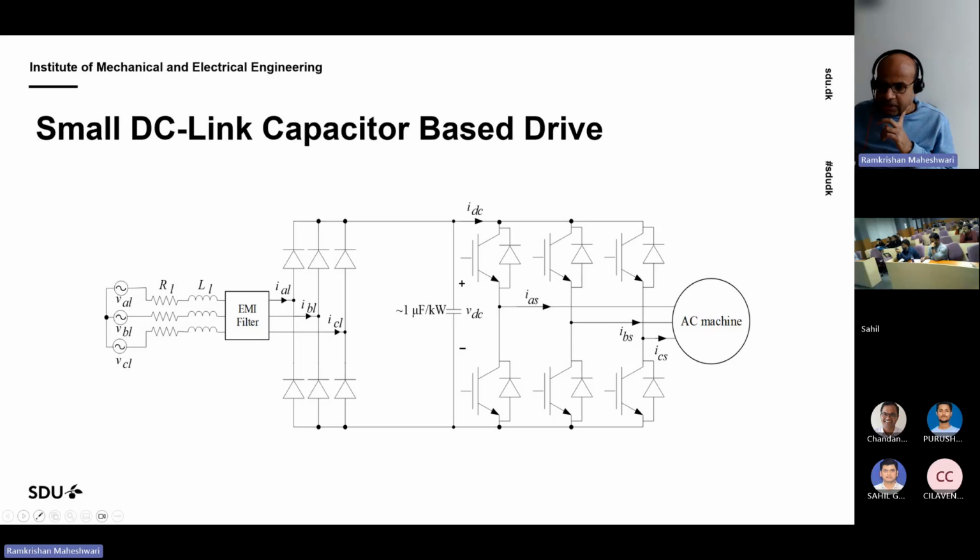Okay, but when you have such a system, I mentioned that I will discuss the constant power load. So when we have such a system, the load seen by this rectifier circuit is a constant power load. When we say constant power load, it does not mean that I will always draw 5 kilowatt or 1 kilowatt.